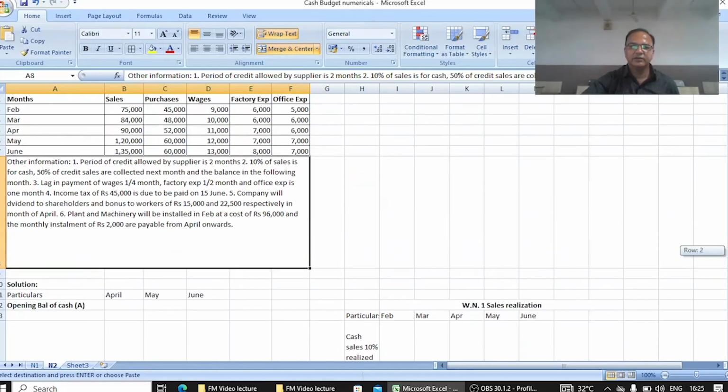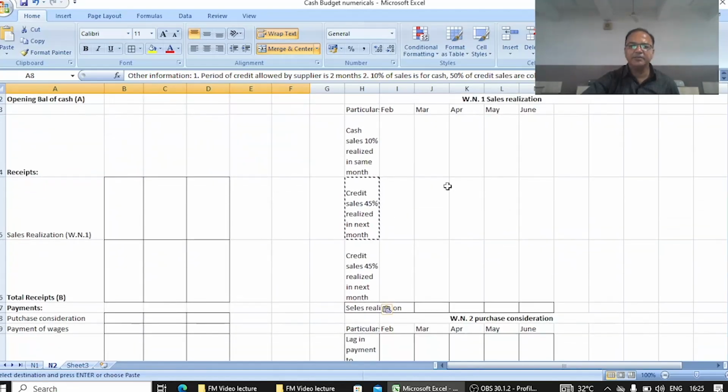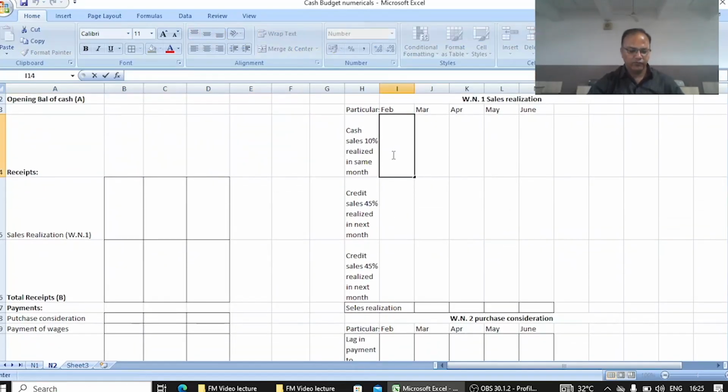Let's start. First one is 75. It means 10% of 75 means 7,500 is collected in the same month. Now remaining is 67,500.